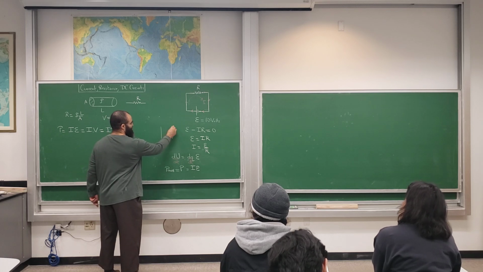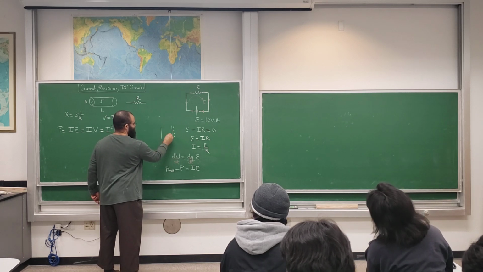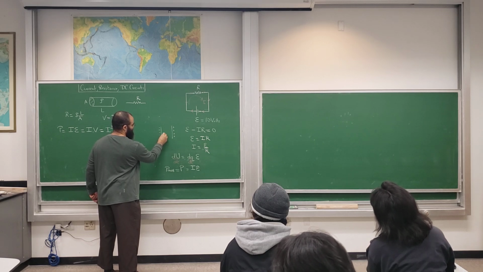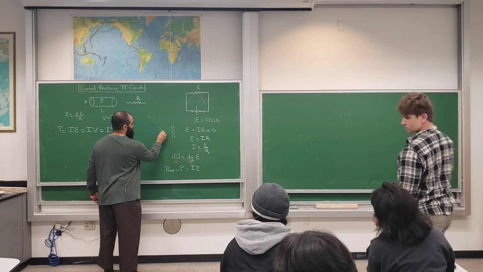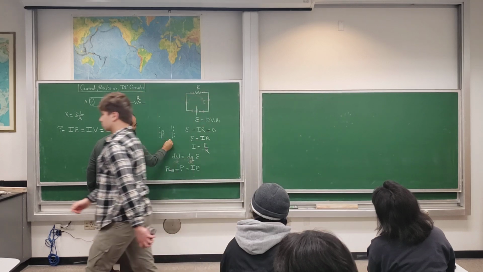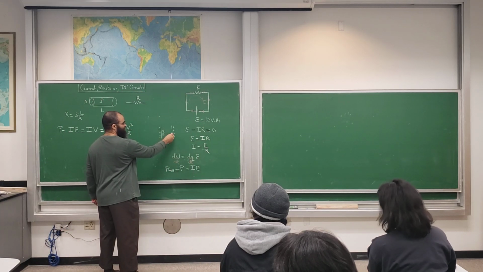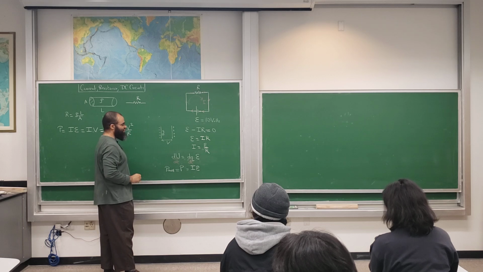Let's say this is plus, this is minus. How much energy does it take to take a positive charge, let's call it little q here, across a potential V? What's the change in potential energy to take the charge from here?